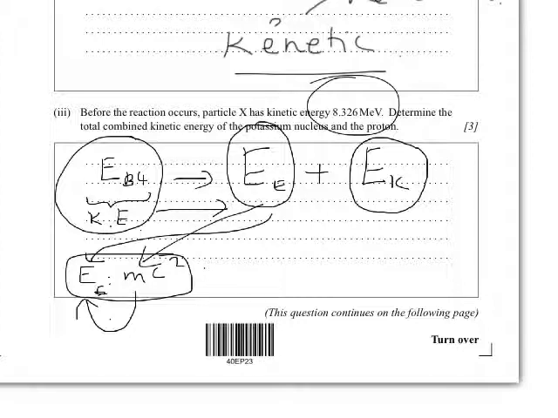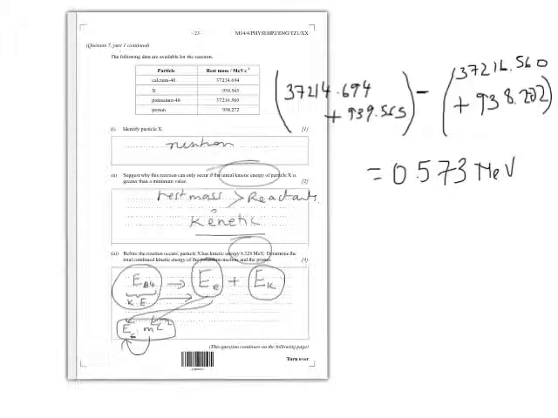Okay, so how do we work that out? Well, if we use the data given at the beginning, we should be able to work out the mass defect in megaelectronvolts, and I'm going to do that now. Okay, so the relationship was calcium plus X, the neutron, equals potassium plus the proton. So if I subtract this side from this side, I should work out the mass defect. Okay, so here it is written out. We have the mass before, in megaelectronvolts, minus the mass of the products, and we end up with a mass defect, also in megaelectronvolts.